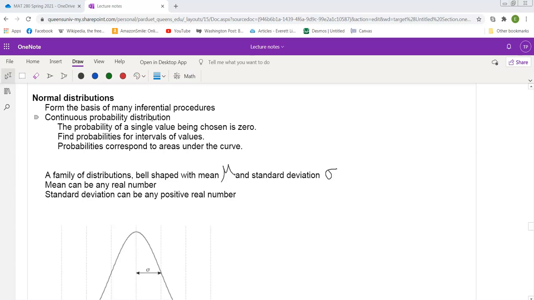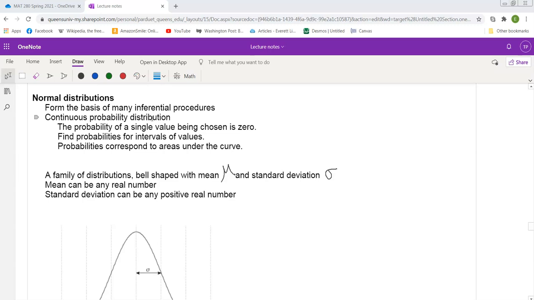Meaning if that value is somewhere between 2 and 5, it can be any value in there, any real number, including values like pi that are irrational. So it can go out to any number of decimal places.